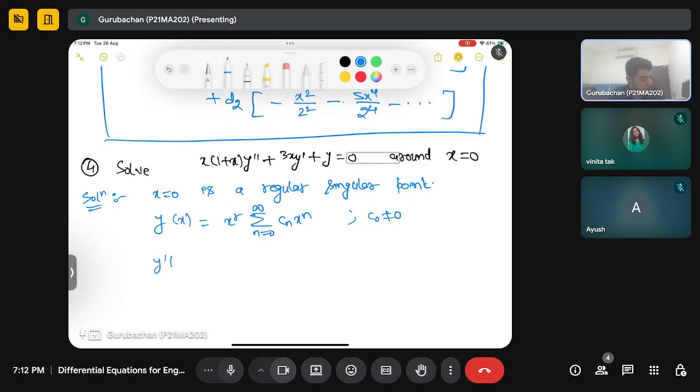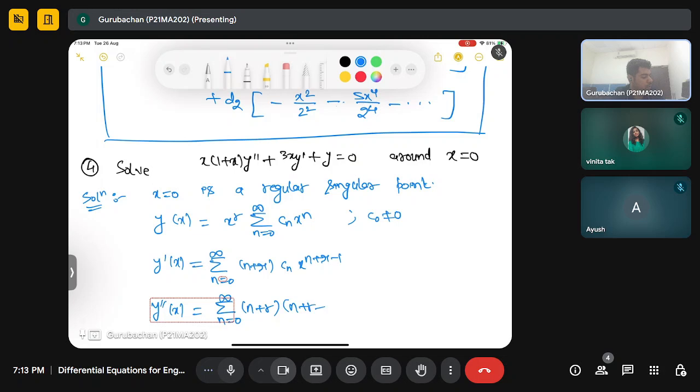So y dash x will come out to be the summation of n plus r times cn x to the power n plus r minus 1. Y double dash x will be the summation of n plus r into n plus r minus 1 cn x to the power n plus r minus 2.